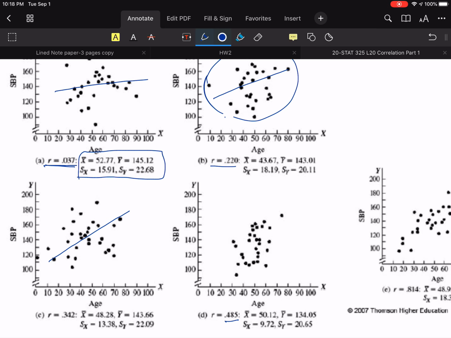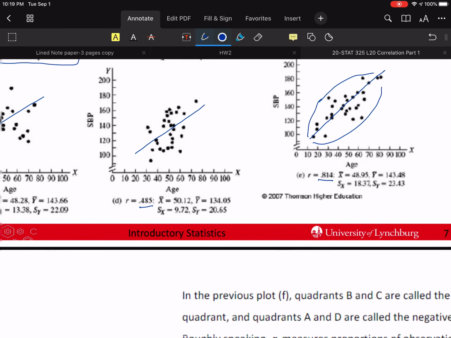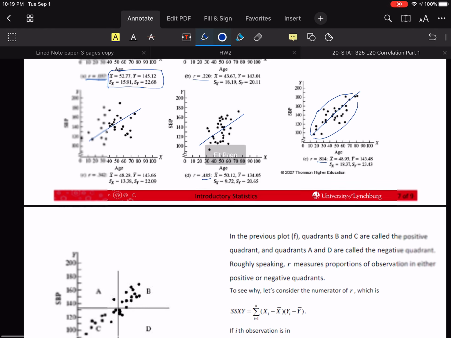And then this is R is 0.48, and so again, you're getting some variation, but not as much. And here R is 0.814. And look at how, as far as distance from this line, they're a lot closer to this line, aren't they? Okay, so that's what happens as R increases.